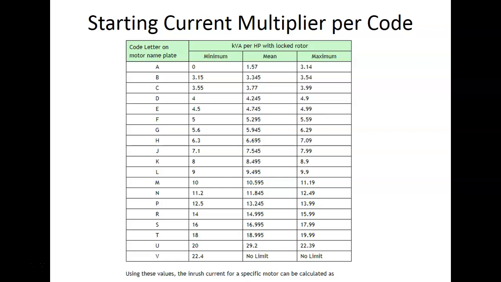And it's usually pretty reliable. Okay. Starting current multiplier per code. So like ours is M. And this information is going to be on the nameplate, and what do they call it? They call it a code.